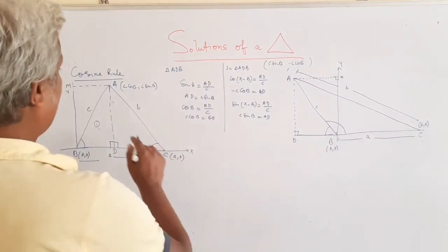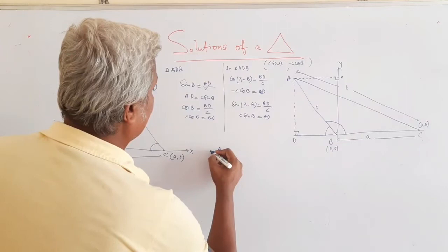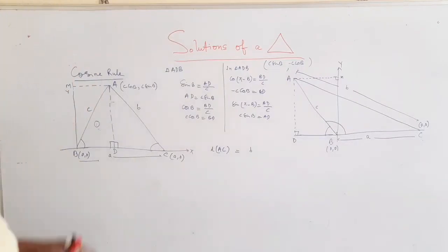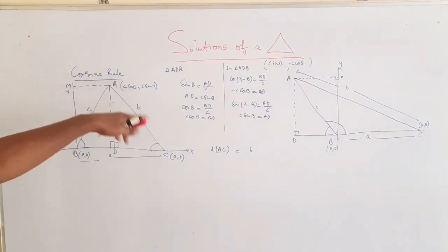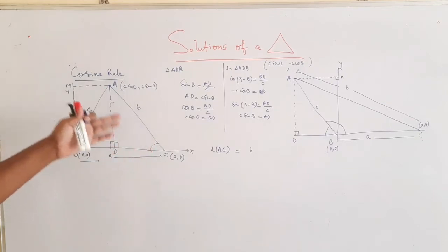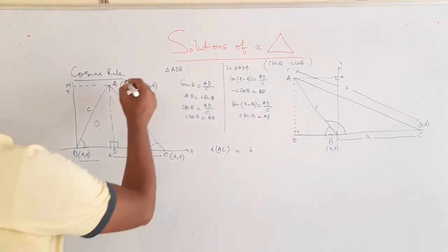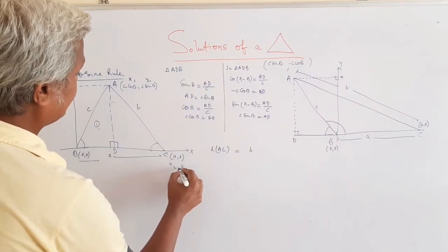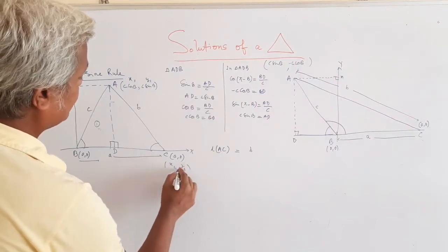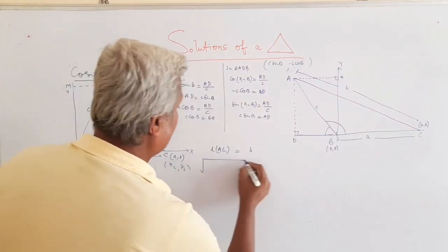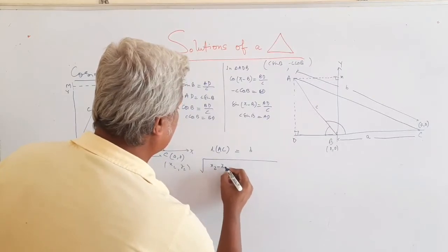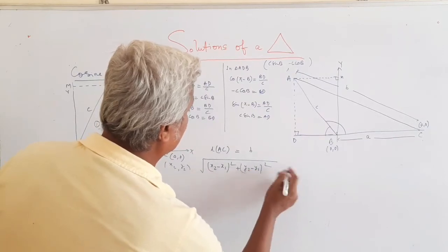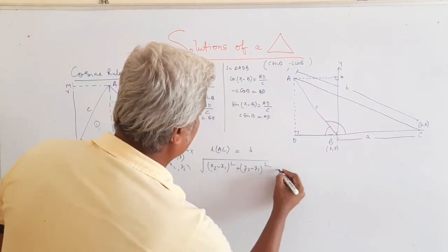What is the idea? The idea is that the length of AC is b. Now we will find the length of AC using coordinate geometry: the distance between two points whose coordinates are x1, y1 and x2, y2 respectively can be found using the formula under root (x2 minus x1) whole square plus (y2 minus y1) whole square, and that is b.